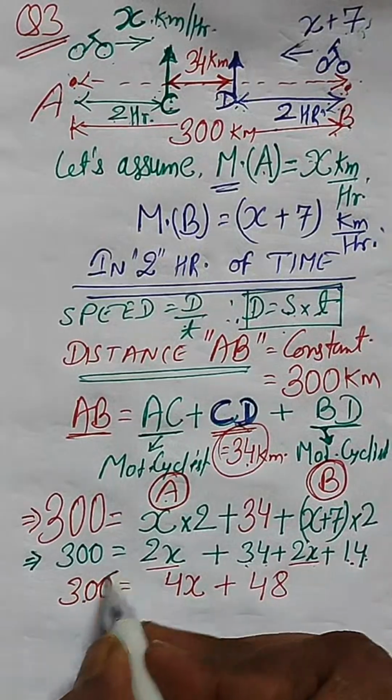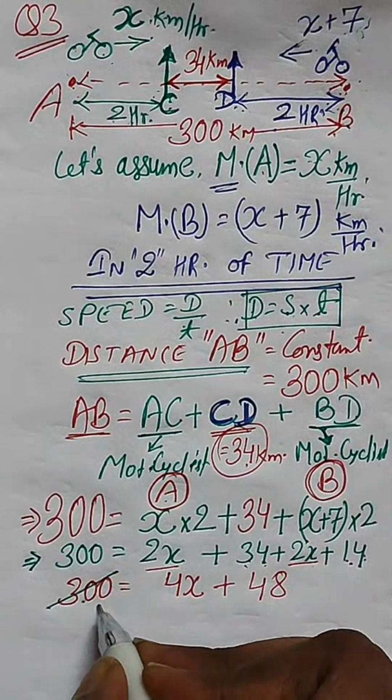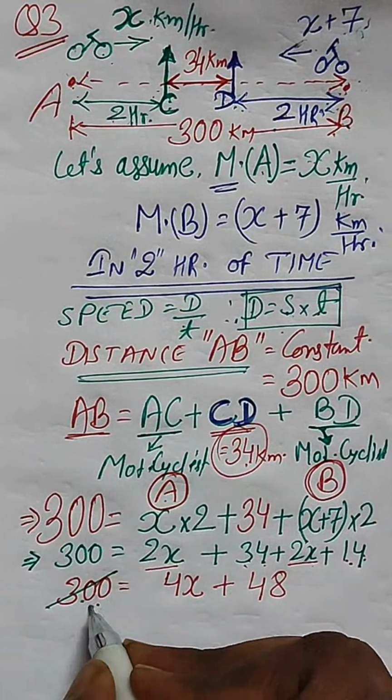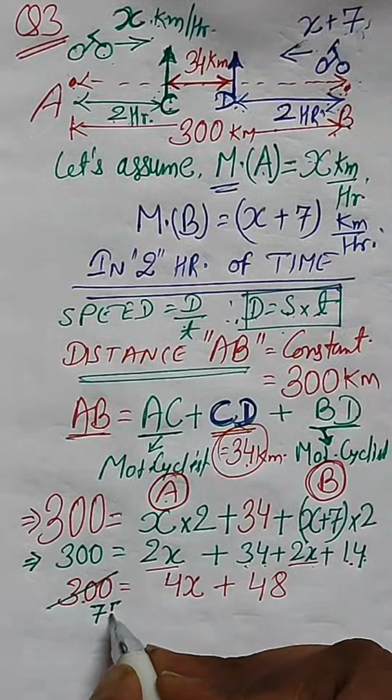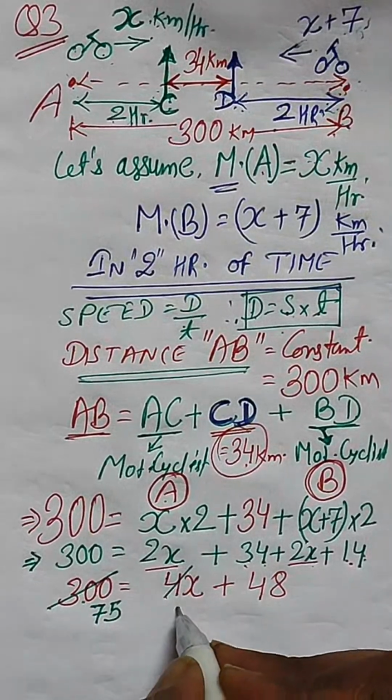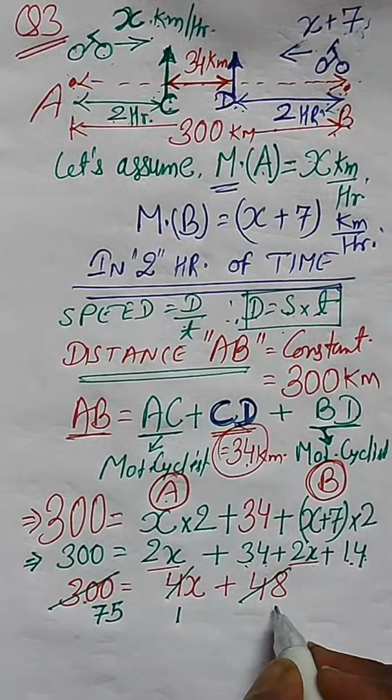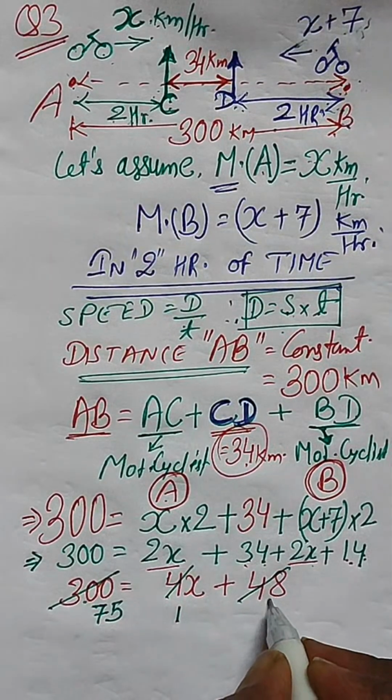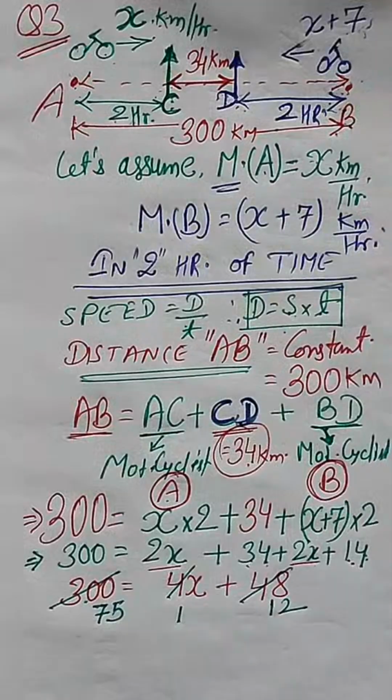300 can be divided by 4, 75 times, and 48 divided by 4 is 12, right?